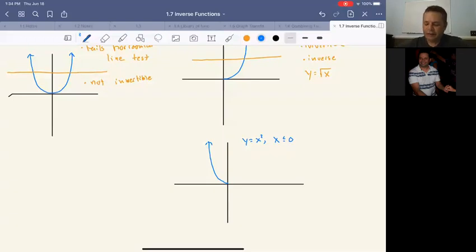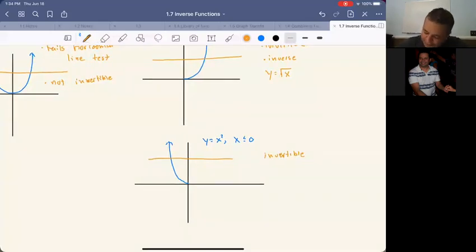And then that's still invertible. And now it has inverse y equals negative square root of x.